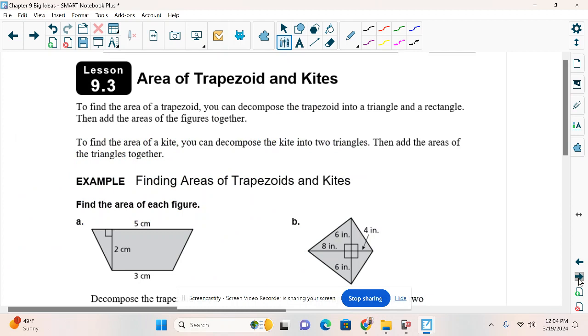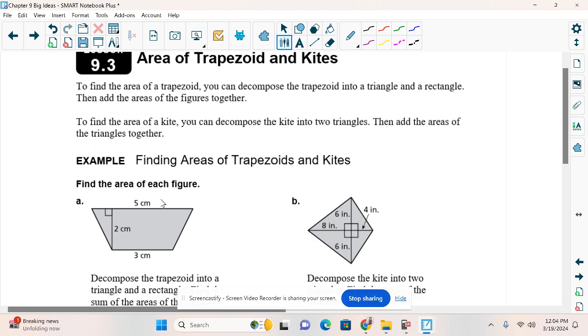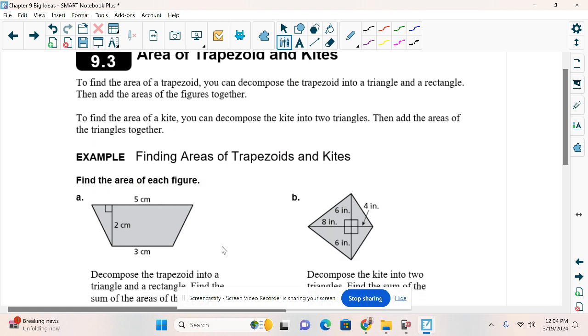So sometimes you're going to have to break shapes up into parallelograms and triangles. If you look at this trapezoid right here, a trapezoid has one set of parallel sides. What could we cut this trapezoid into that we know?